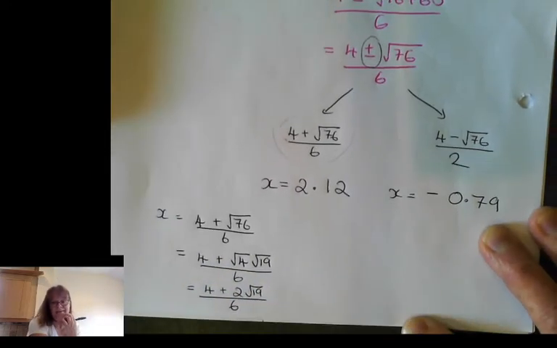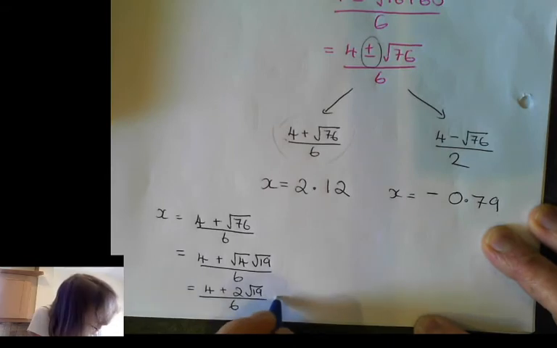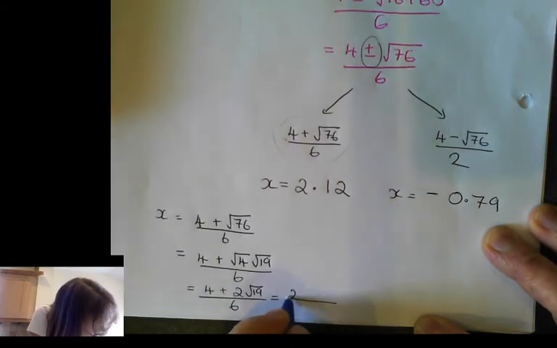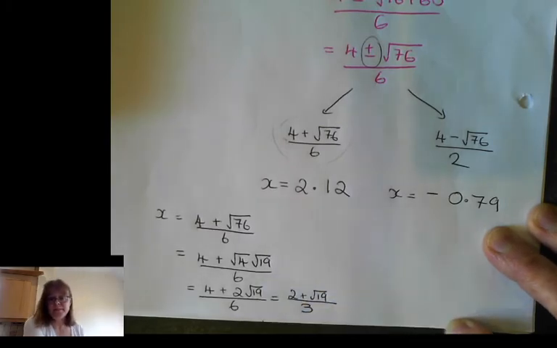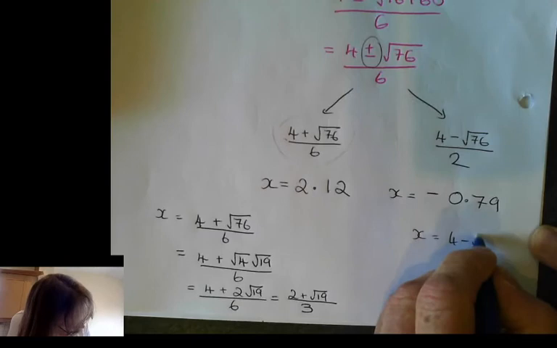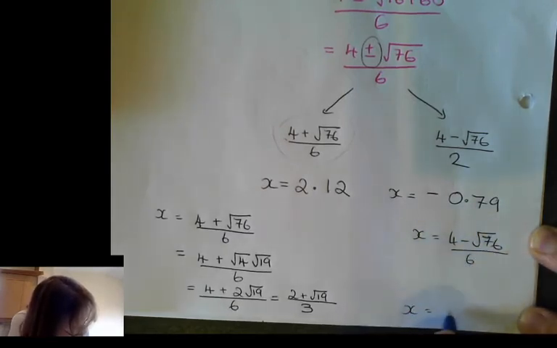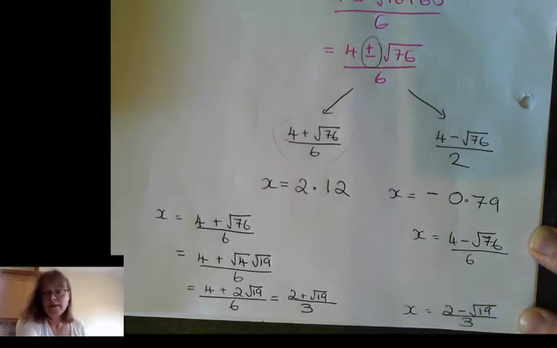And I've run out of space again, but look, on the top line that all divides by 2 and that divides by 2, so I'm going to divide top and bottom by 2, and that's my simplified final answer. And remember, over here I had the same thing but with a minus sign, so when I tidy that up for my final answer over here, I'll have the same thing like that.